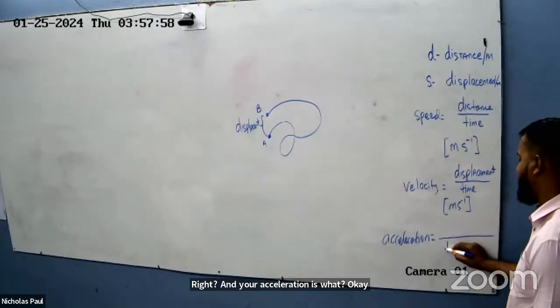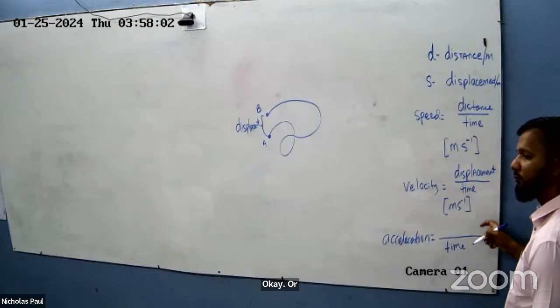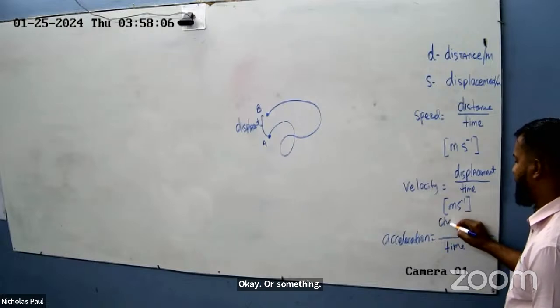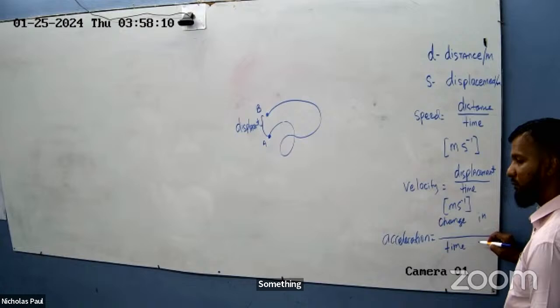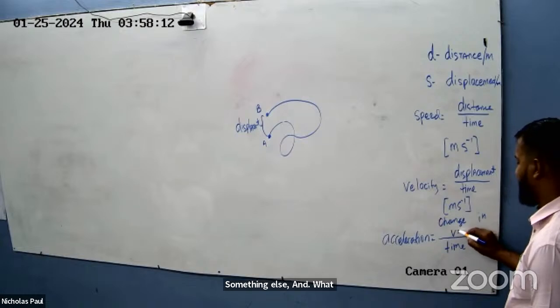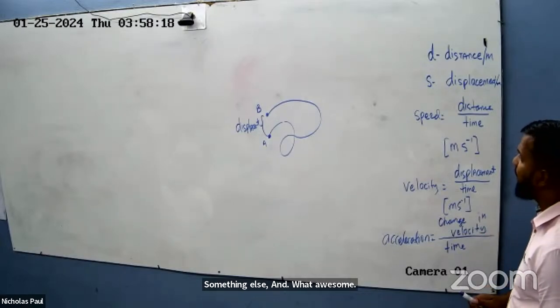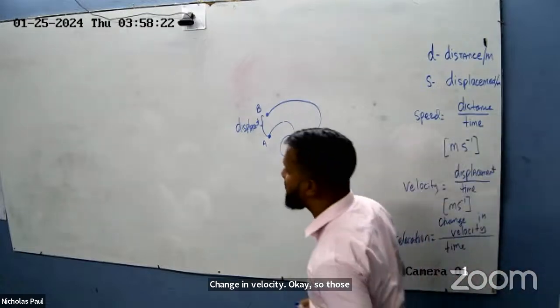Something over time, so you get that part right. What is something in? Something is change in velocity. Change in velocity. So those are the things that we need to know before we start time graph questions.